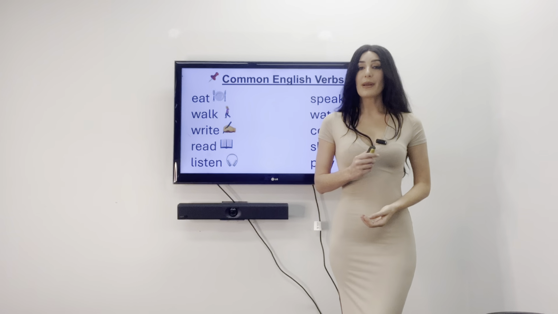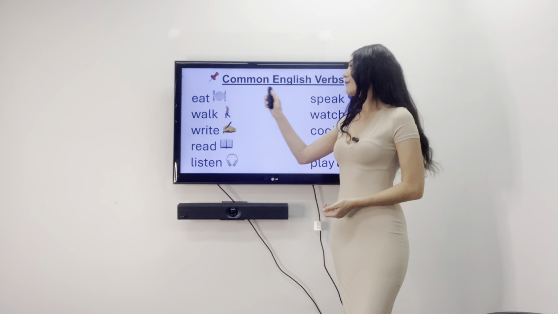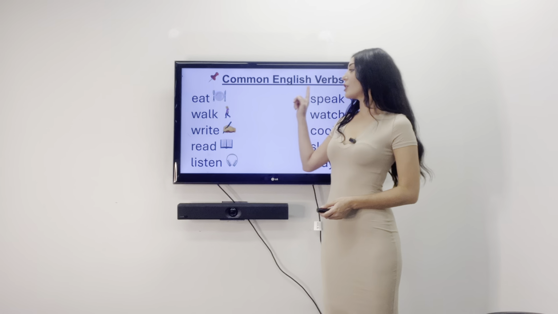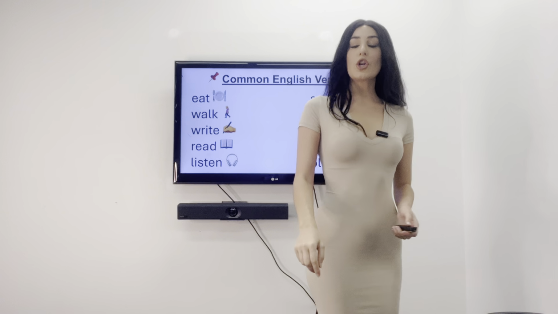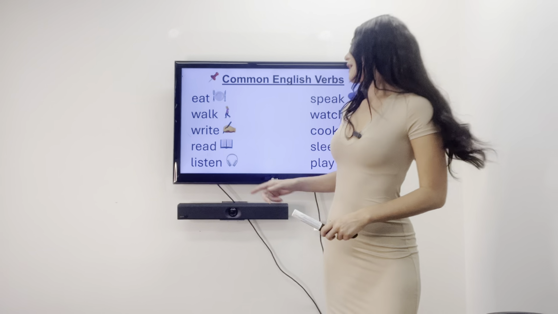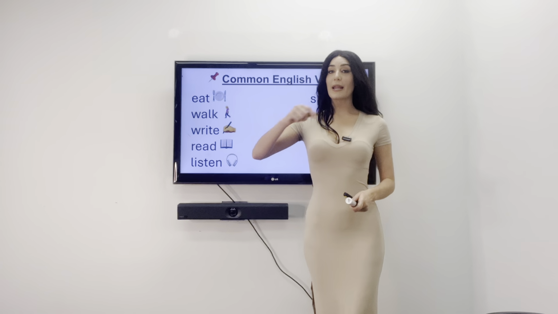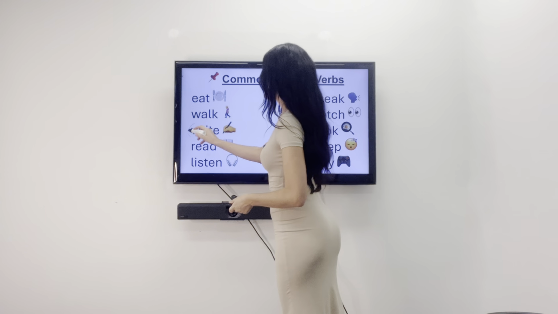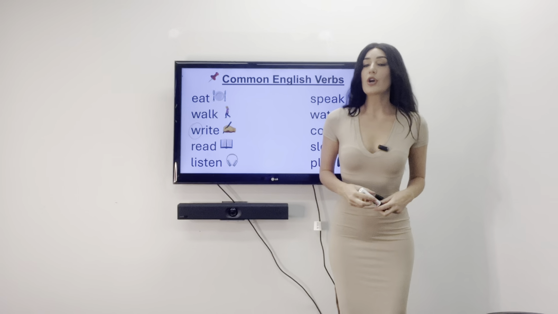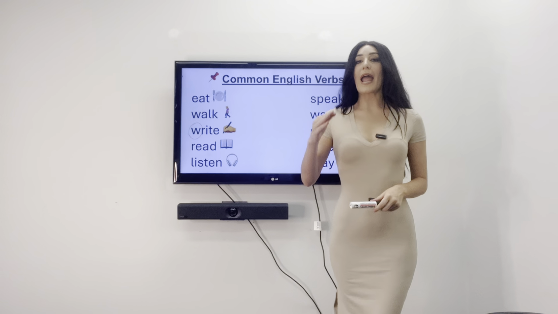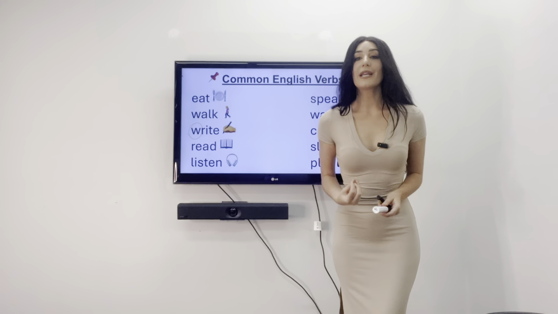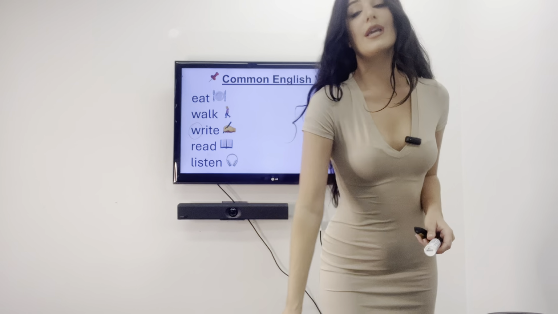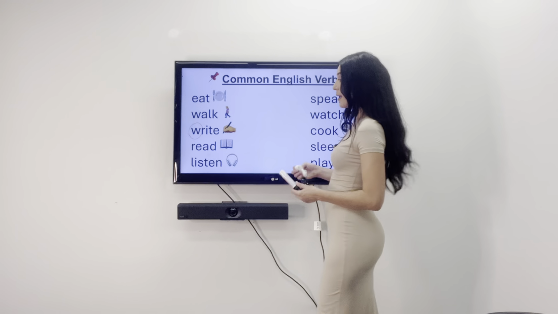How many can you spot from this page? Have a look over here. The word write. Now, this means to write. Which letter is silent? The W. We don't say write. No, the word is right. So that W is what we call a silent letter.